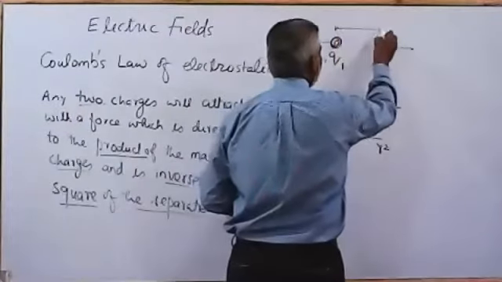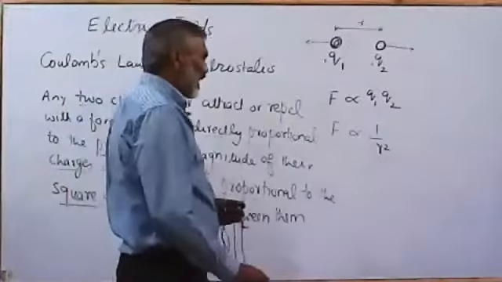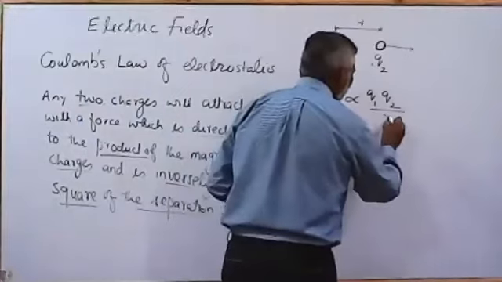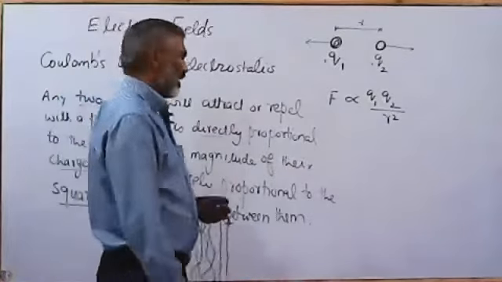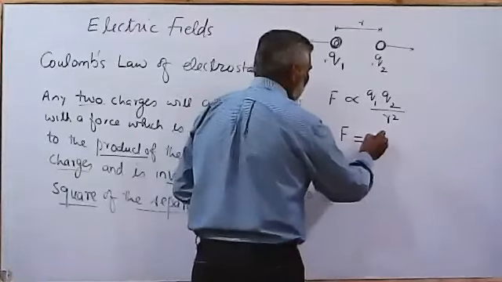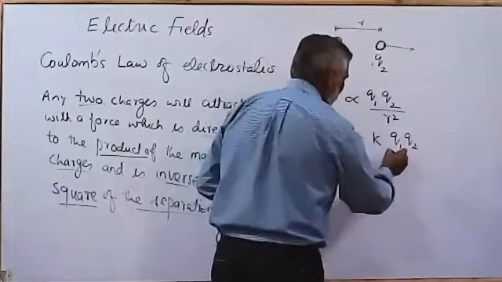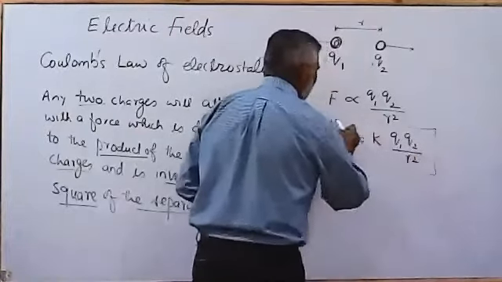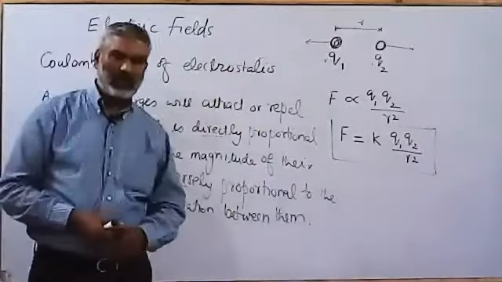Suppose this is the separation between the two charges, usually denoted by R. If I combine these two, I can write them together in one relation in this manner: Q1, Q2 over R square. And if I change this into an equation, this should be some constant K, Q1, Q2 over R square. So this is the formula which is the mathematical form of the Coulomb's law of electrostatics.